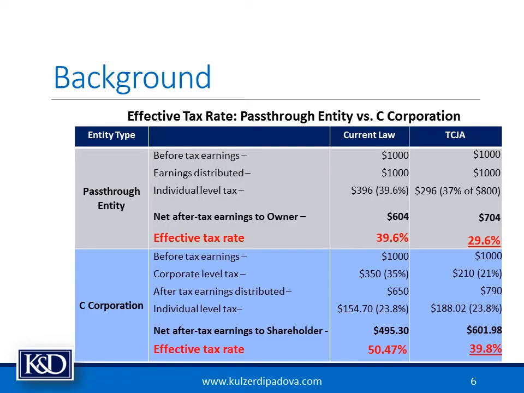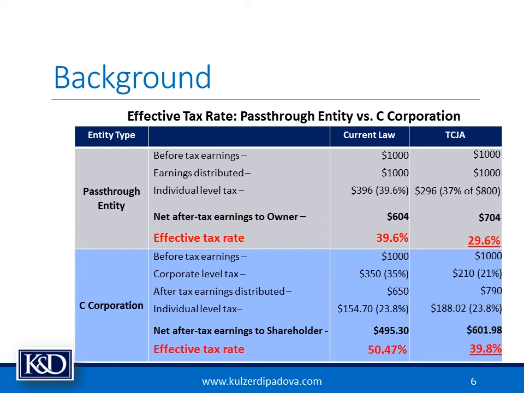Now why do we have this? Well, if you look at the column here for current law, meaning law at the time this was passed in 2017, the effective tax rate on pass-through entities was 39.6%, or I should say the top rate, because it was pass-through, only taxed at the individual level, and the top rate on individuals, once you include the Medicare surtax, was 39.6%.